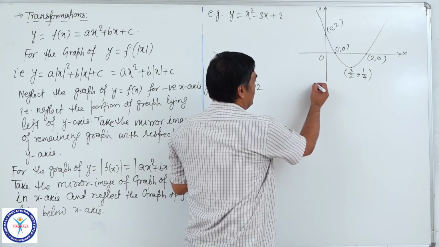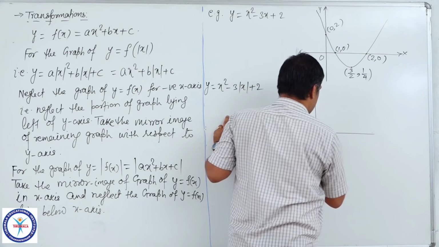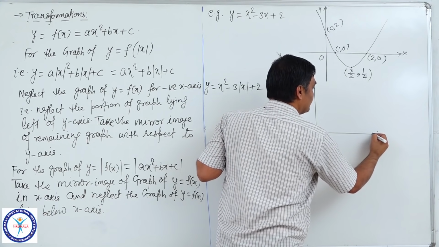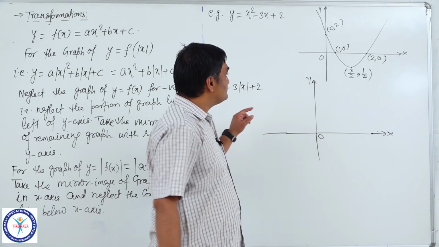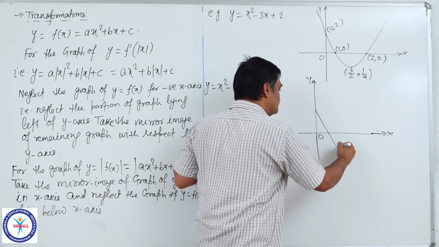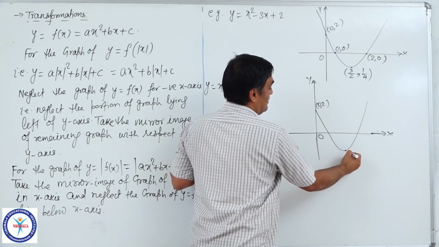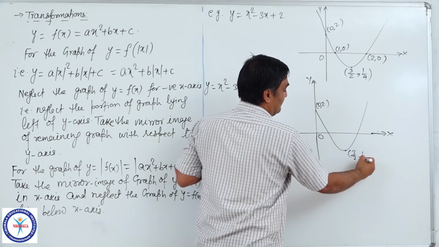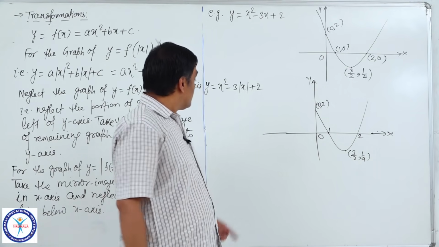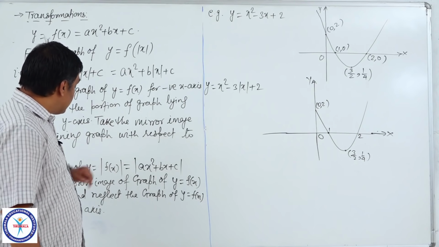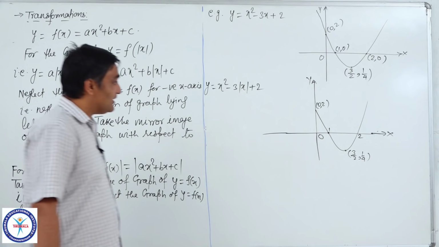So if we neglect this side, then the graph will be like this: 0, 2, 3 by 2, 1 by 4. It is 1, it is 2. We have neglected. And take the mirror image of the remaining graph with respect to the y-axis.